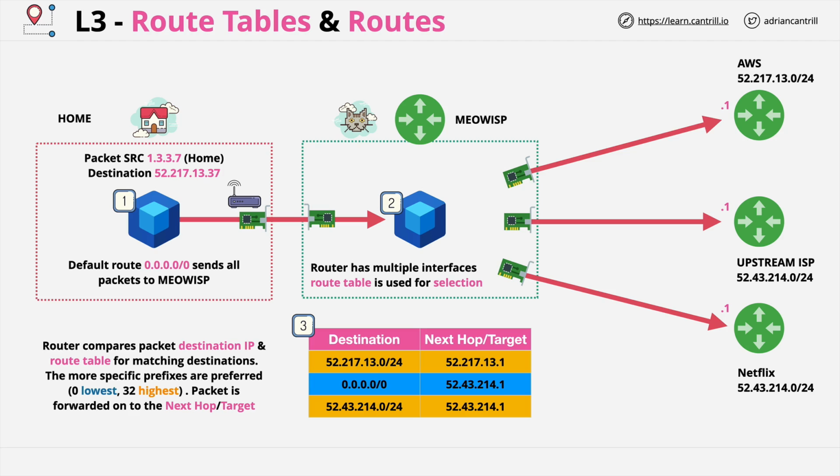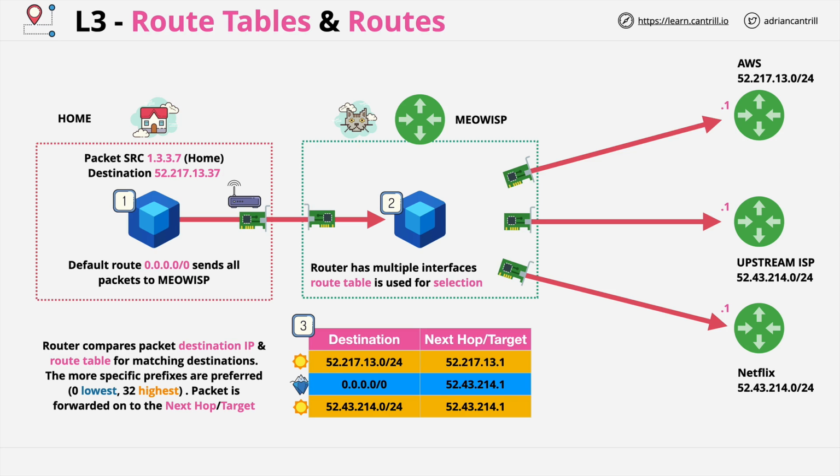If multiple routes match, then it will prefer ones which are more specific. The two routes in yellow, so the top and the bottom, these are examples of fairly specific routes. The one in blue in the middle is the inverse. This is not a specific route. The larger the prefix, so the higher the number after the slash, the more specific the route.